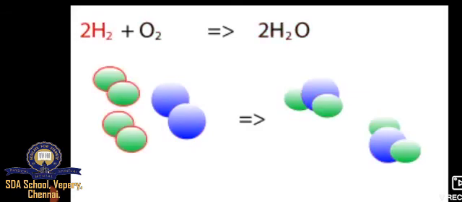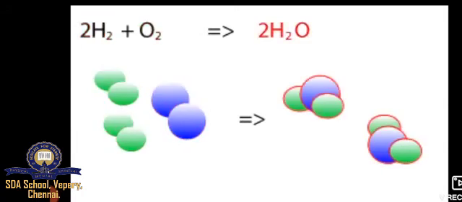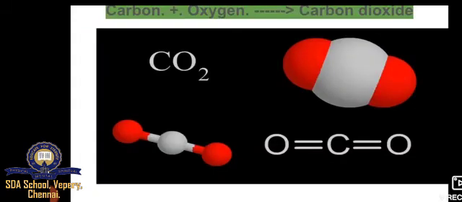When the atoms are reacting together, based on the product, a new substance is formed. So it arranges itself and gives out a new compound or molecule. Here we have one more reaction. When carbon combines with oxygen, it gives carbon dioxide. CO2 is the formula for carbon dioxide.